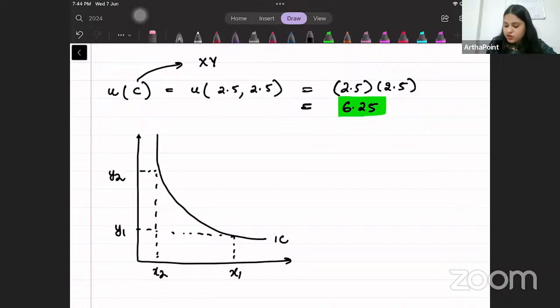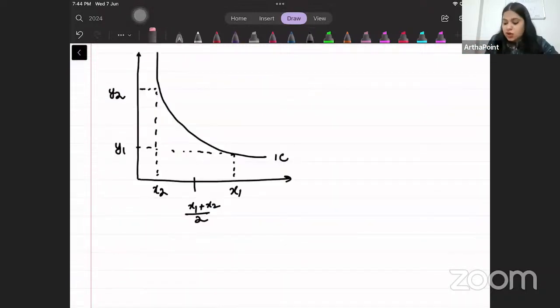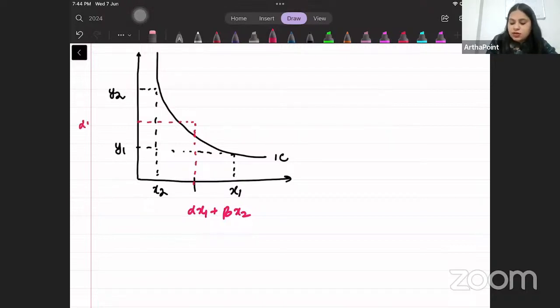This is their average, x1 plus x2 by 2. Mind you, it should not always be given a weightage of half. You can give any weightage. I could have given 3/4 weightage to x1 and 1/4 weightage to x2. It should have been fine. So, any weightage to x1 and any weightage to x2. Similarly, here also, I will give some weightage to y1 and some weightage to y2.